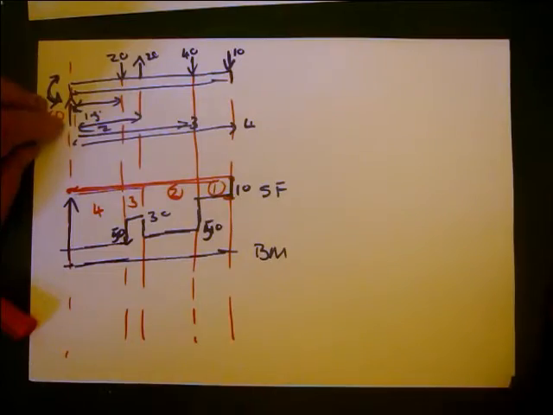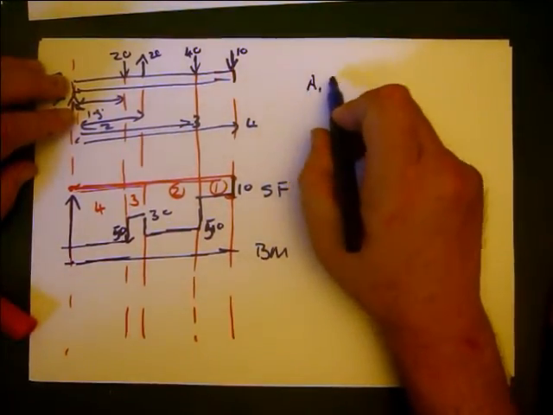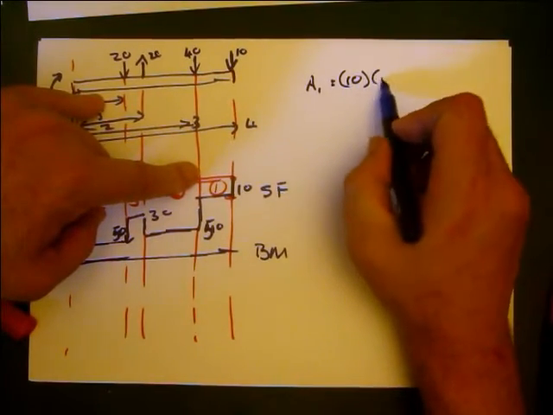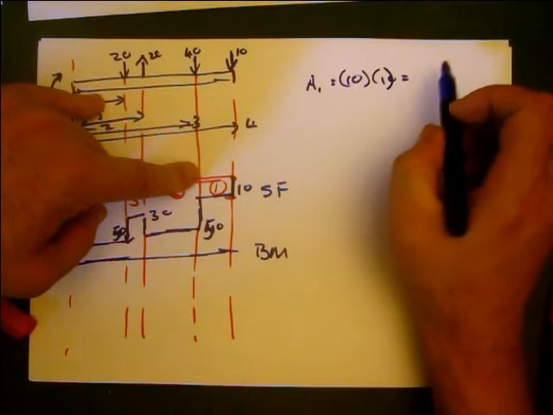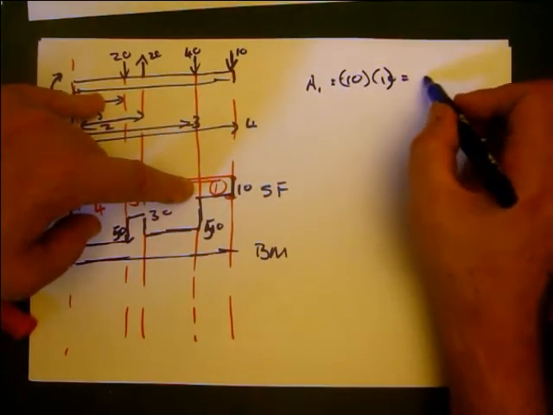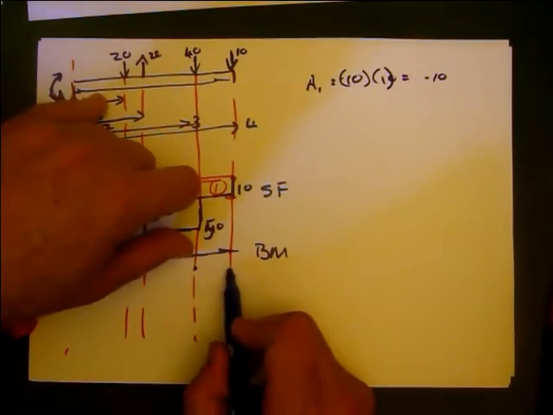So again, we start at the free end. Area 1 equals 10 by 1, which is going to be negative 10 because it's under the line. So we're going to go from here down to negative 10.